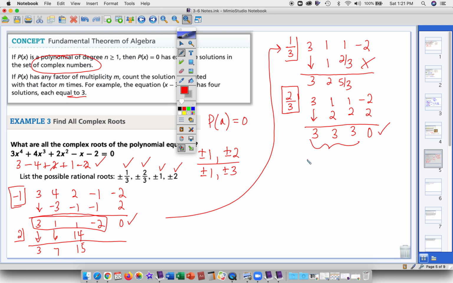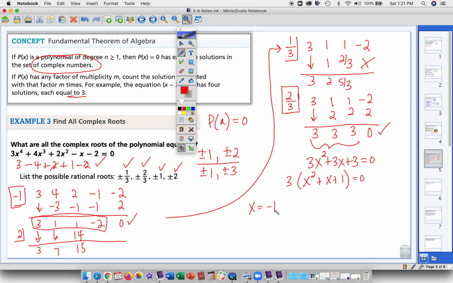And the last two we can get by solving this quadratic. All of these are divisible by 3, so I can take that 3 out, make my number smaller, and then I'm going to use the quadratic formula.